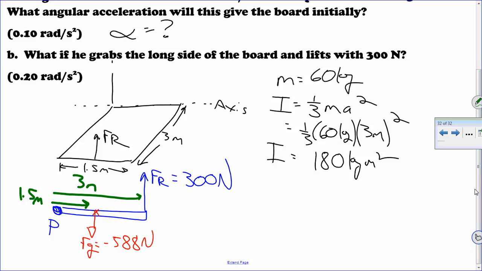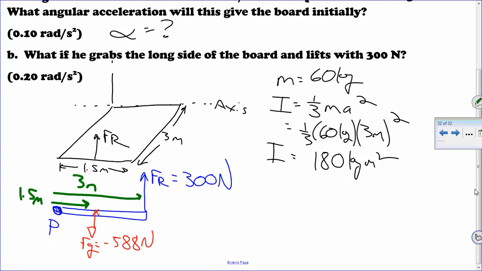So the board is like this, right? This side is 3 meters, this side is 1.5, right? So it's pivoted here, and he's lifting up at this end. So his force is being exerted at one end of the board. It's pivoting around the other end 3 meters away.